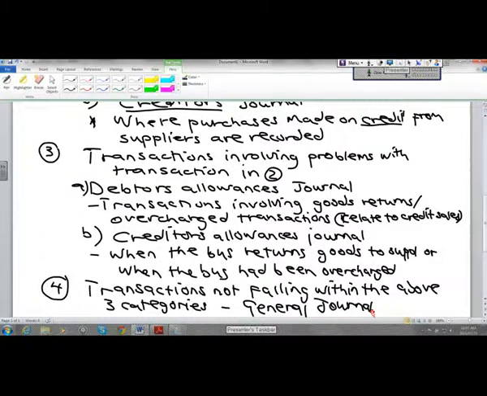I like questions. To me, a transaction is a transaction. It's between people. Trans means across, so it's an action across. So cash is a transaction. On credit is a transaction.